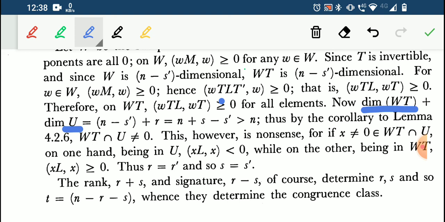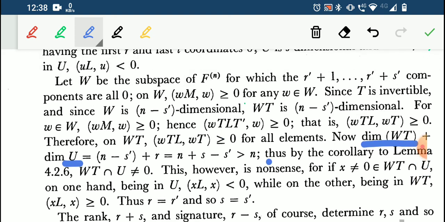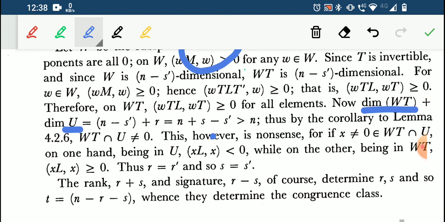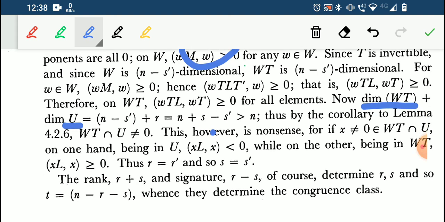And the dimension of A plus B: here it is going beyond the whole dimension itself. The whole dimension is n and it cannot go beyond that by adding these two things.